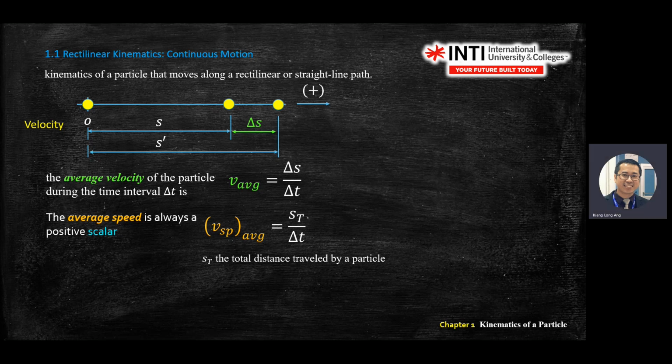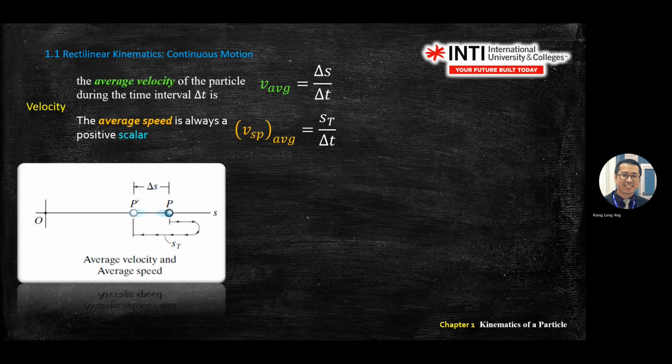Okay. Then if you look at your tutorial question, you'll see a diagram there. In question number 10, there's a diagram there. Just now, these two equations we mentioned before: average velocity equals change of displacement divided by time. However, when it comes to speed, you take the total distance traveled divided by time. You're given this diagram. Let's say you have an initial position here, moving in a straight line.